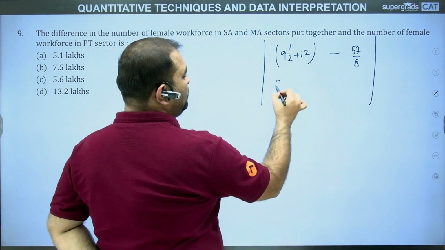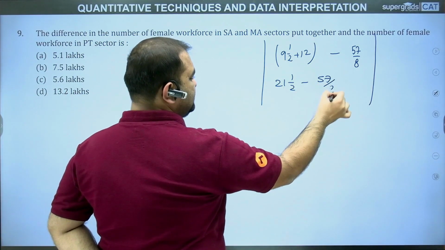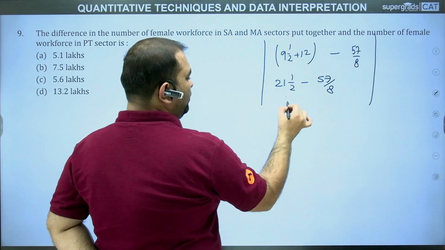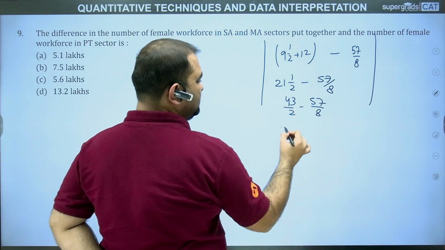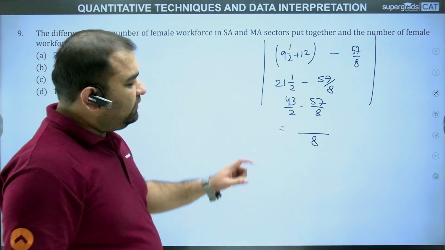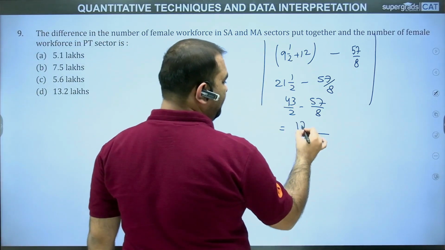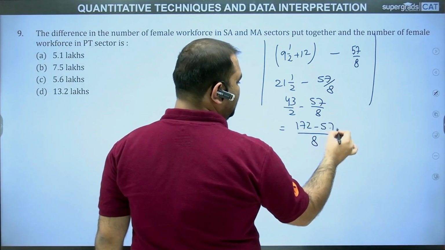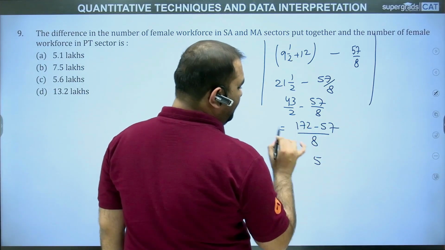12 plus 9, 21 and a half, minus 57 by 8. 42, 43 by 2, minus 57 by 8. 8 4s are 32... 4 4s are 16, 4 3s are 12, 172 minus 57. 12 minus 7, 5.